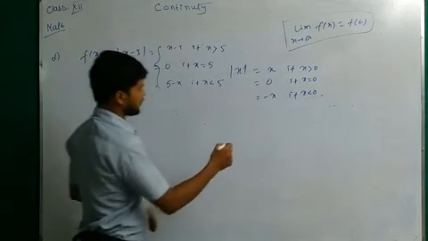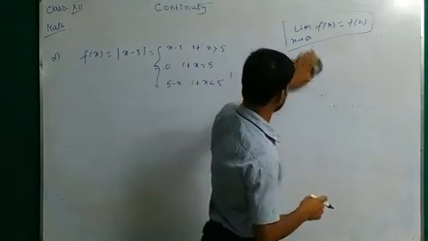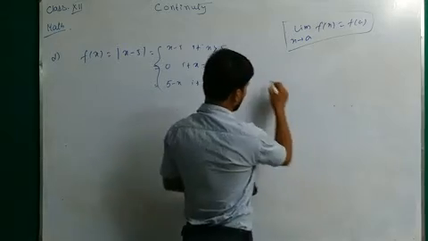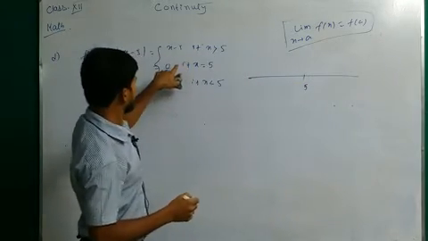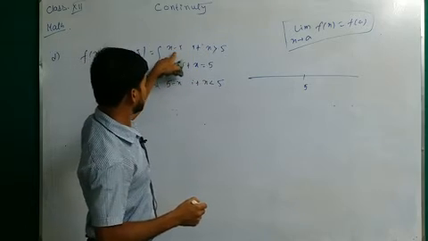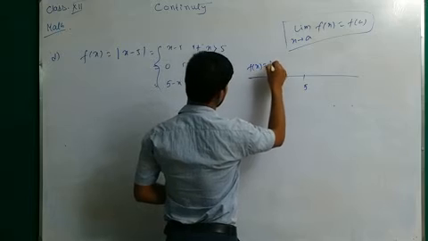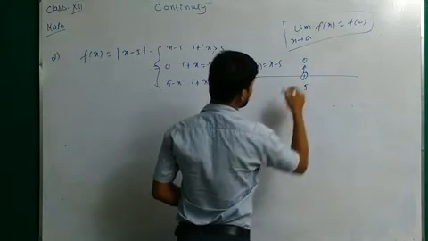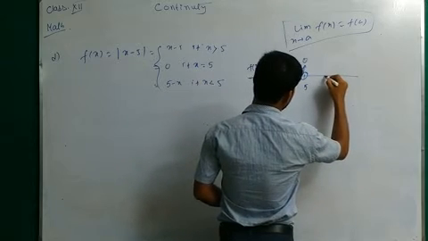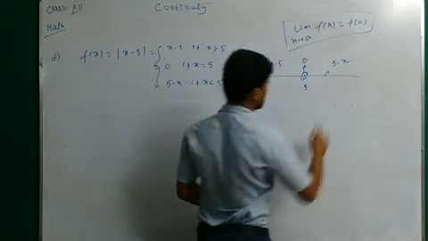Okay, so if I draw the line, so this is 5. So for x less than 5, the value of the function will be 5 minus x. At x equal to 5, the value of the function will be 0, and for x greater than 5, the value of the function will be x minus 5.